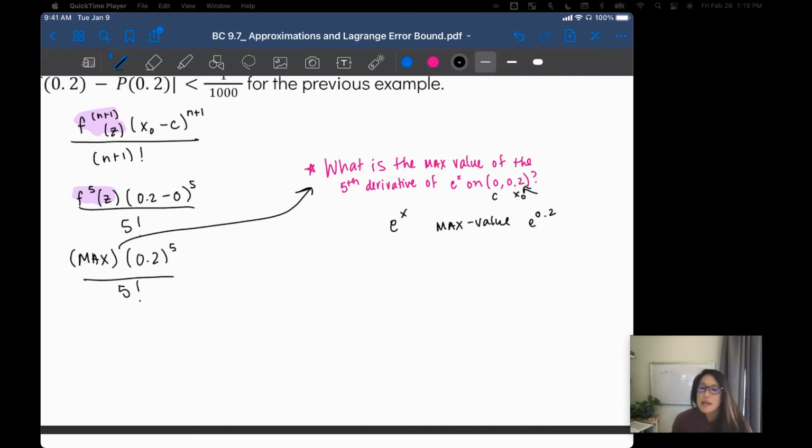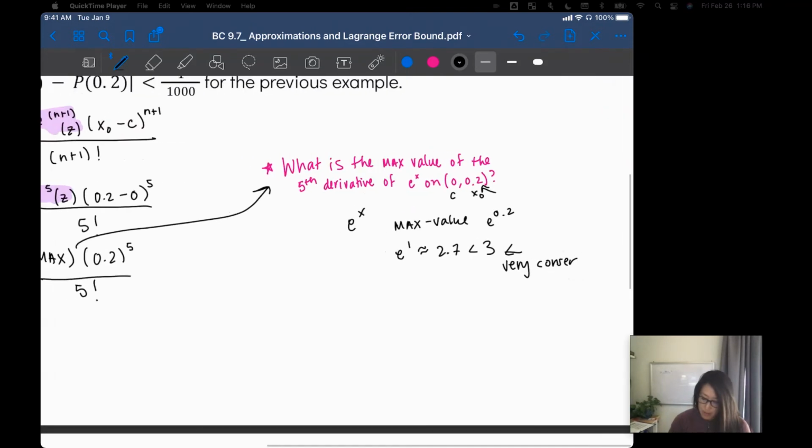But because I'm trying to do this without a calculator, I'm just going to say that e to the 0.2 is definitely under e to the 1, okay? So this is about equal to 2.7, which is less than 3. So I'm going to plug in 3 for my max value, and this is very conservative.